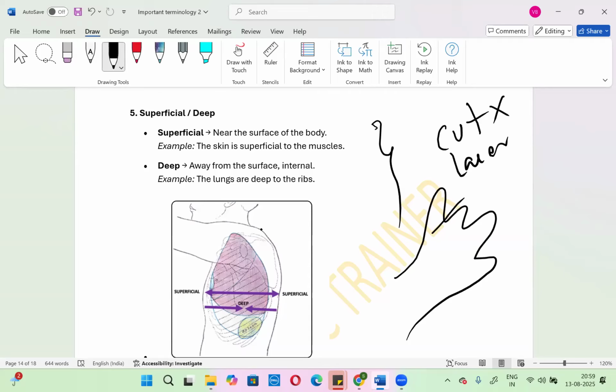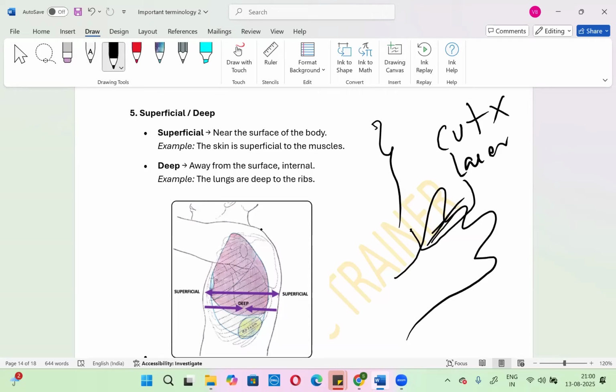Now, the doctor will check the patient and ask how it happened, the whole story. We will explain how this happened. Then the physician will check the problem and document that the cut is only to the superficial layer, that means only the upper part of the body has some laceration.